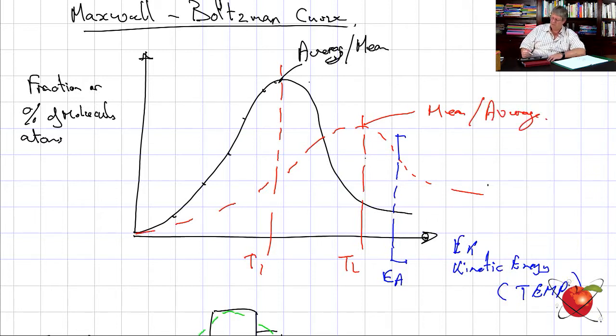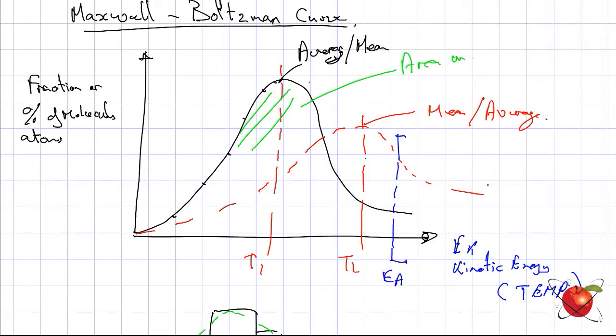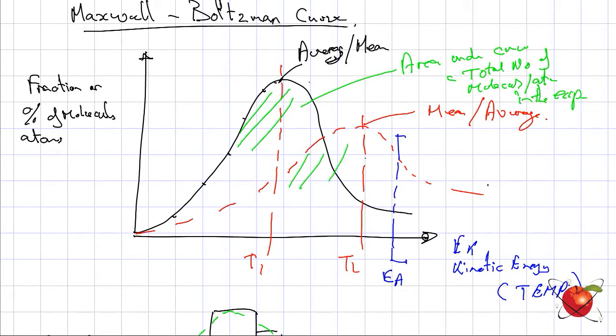But now, the last thing to remember is that the area under the curve is equal to the total number of molecules or atoms in the experiment. So the area under the black curve and the area under the red curve must be the same.